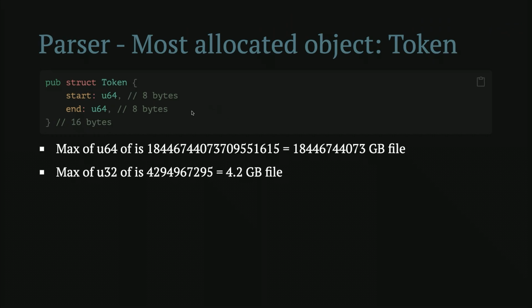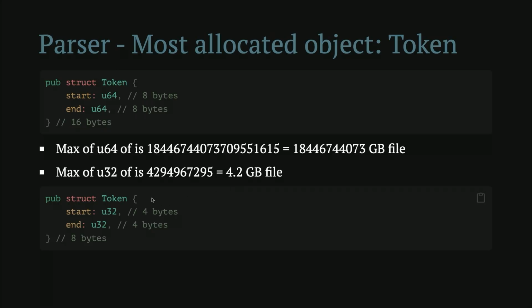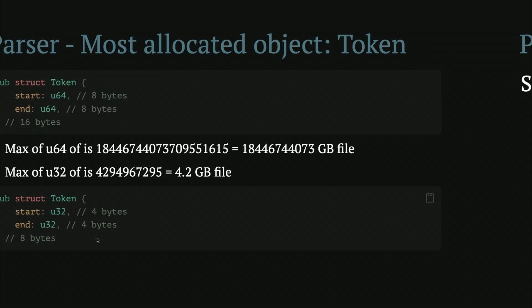So you can reduce these u64 to u32, which halves the memory usage. That'll be a 4.2 gigabyte file, which is almost all the programs you can write. It's still a big program. With this reduction, you end up with 8 bytes, and you reduce your memory usage by 0.5%. This optimization improved the performance of Oxc by 10%.